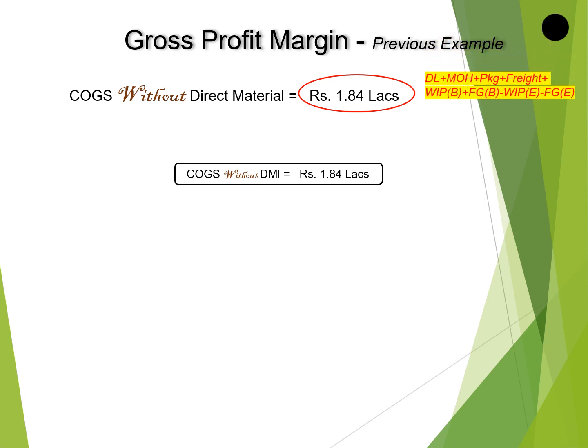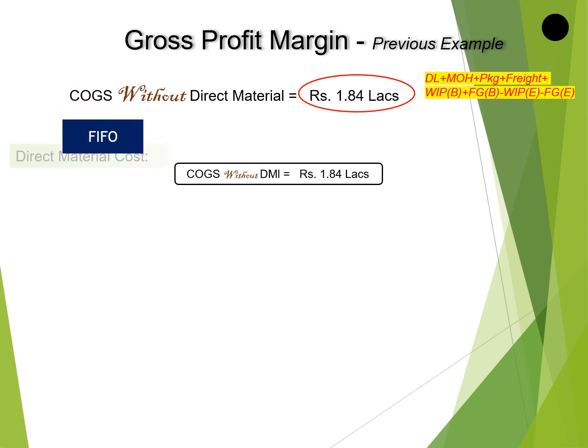It was including direct labor cost, manufacturing overheads, packing cost, freight cost, and the related material available in WIP and FG at the beginning of the month, the cost of that material. Then the cost of the material available in the WIP and FG at the end of the month, this cost has to be reduced.